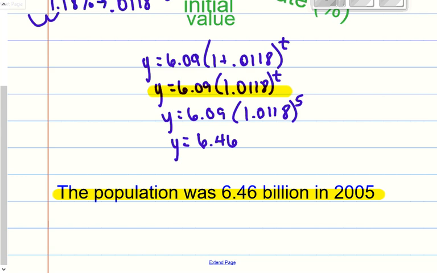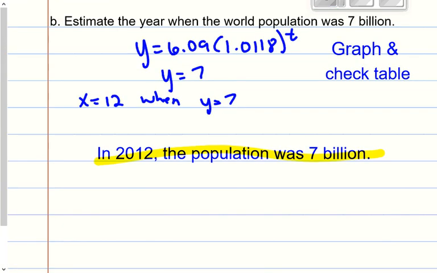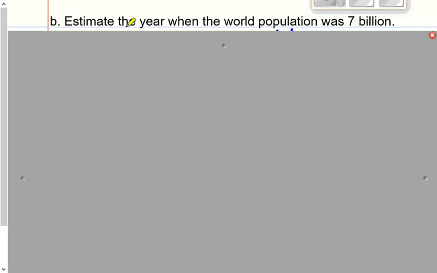All right, we're going to move pretty quick. This one right here says estimate the year when the world population was 7 billion. This is piggybacking off of the problem that we just worked on, so you are going to use the information in that and then just graph and check the table.